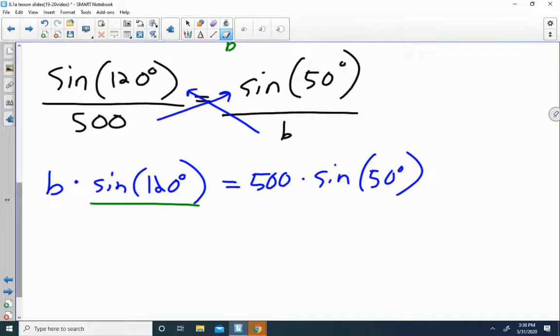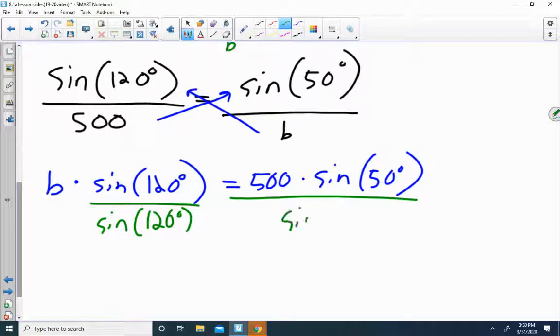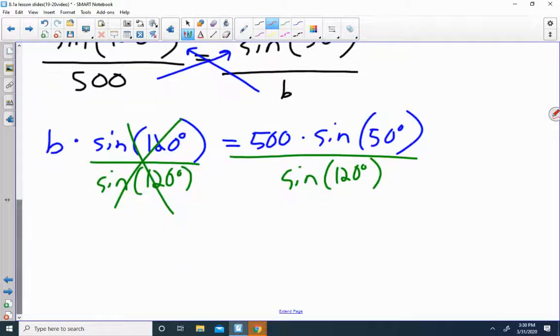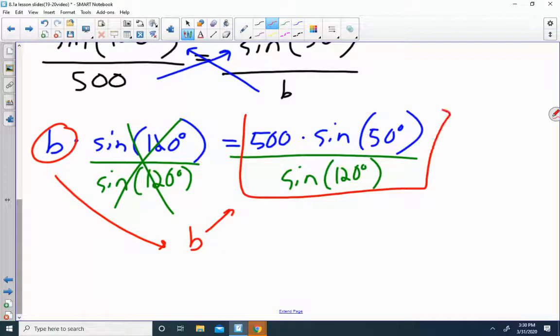Can't write that correctly. Sine of 120 degrees, divide to both sides. Okay. So in other words, whatever little b is, that's going to be equal to this. 500 times sine of 50 all over sine of 120.